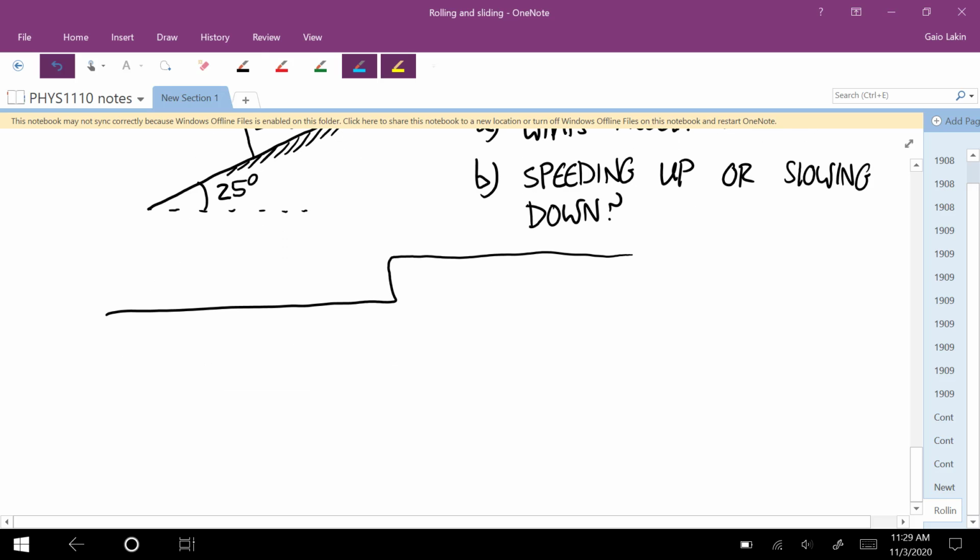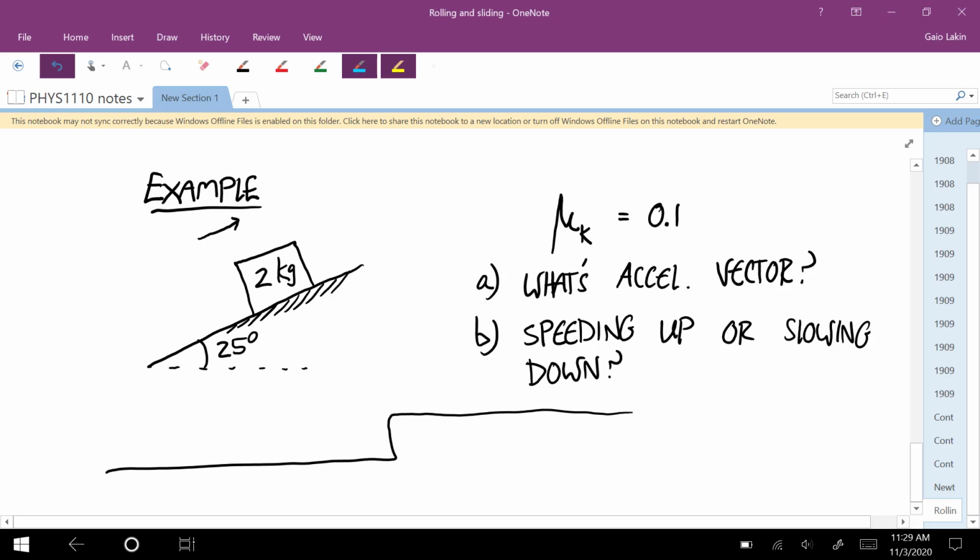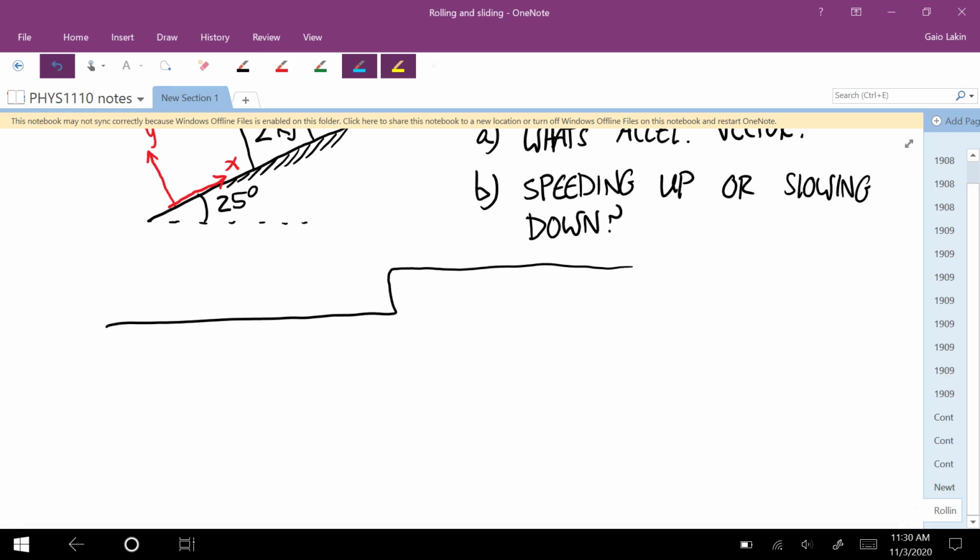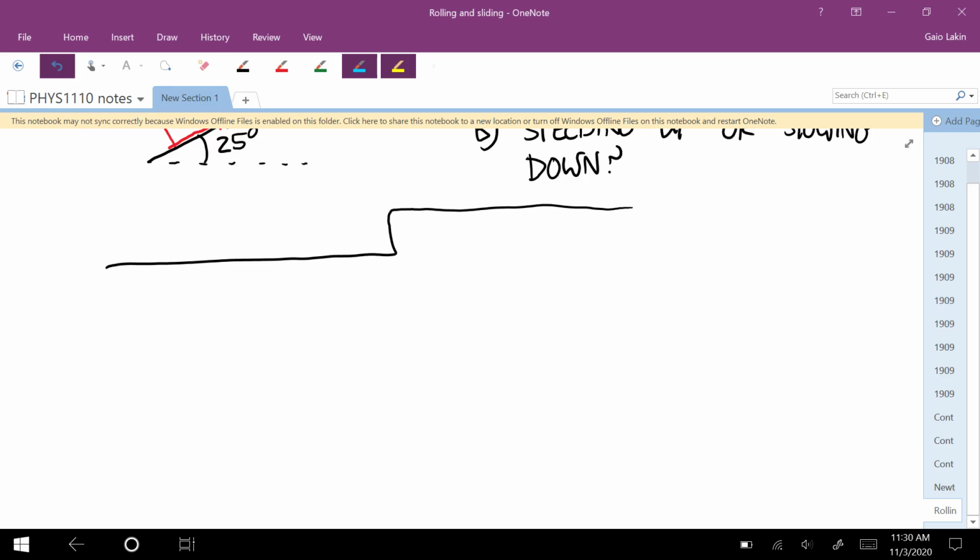Okay, we're going to start the same way. I'm going to use a rotated coordinate system with the y-axis out of the surface, the x-axis along the surface. Now I'll draw a free body diagram of the block.